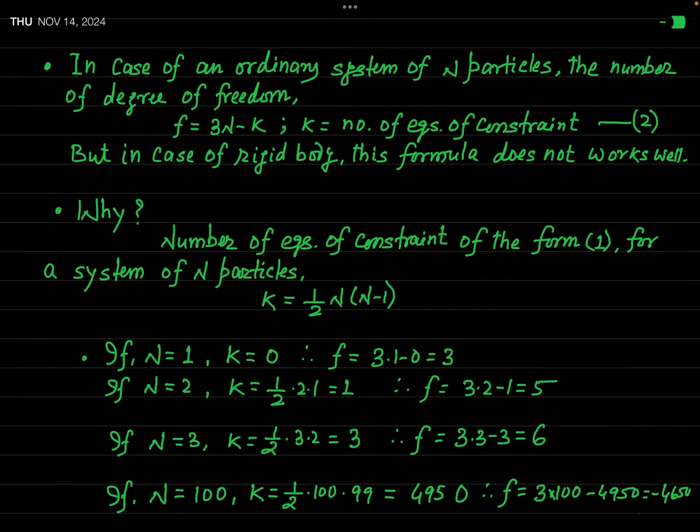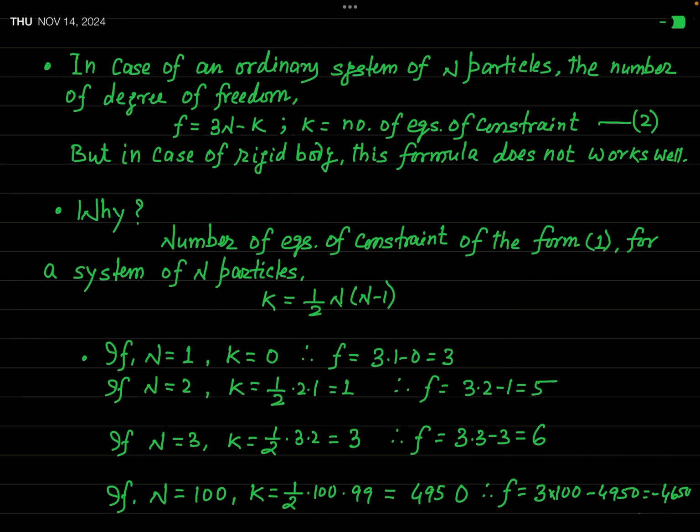In fact, when you talk about generalized coordinates needed for the specification of a system or the motion of a system, then you have to think about the degree of freedom of the system. As you have learned in my lectures on Lagrangian formulation, what is degree of freedom, how we can find the number of degrees of freedom, and how we can determine the generalized coordinates.